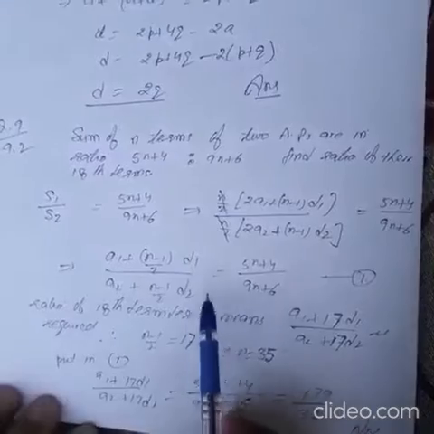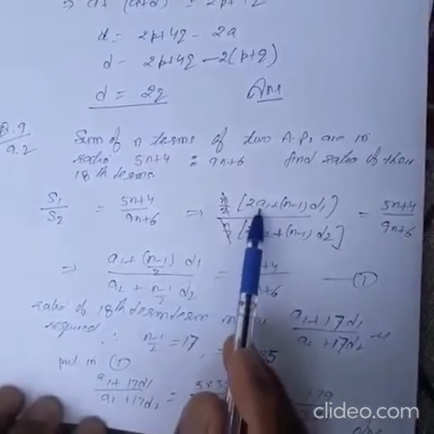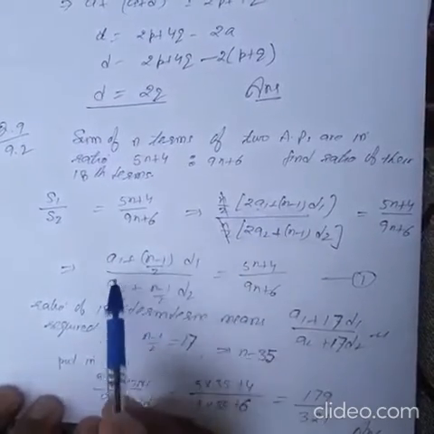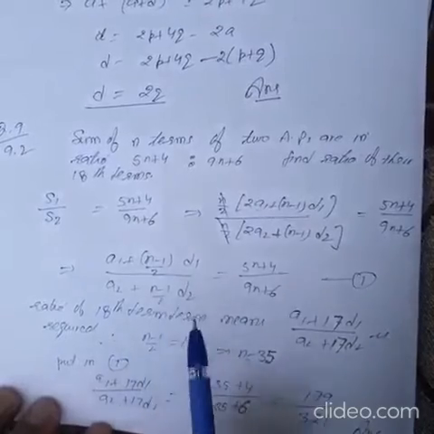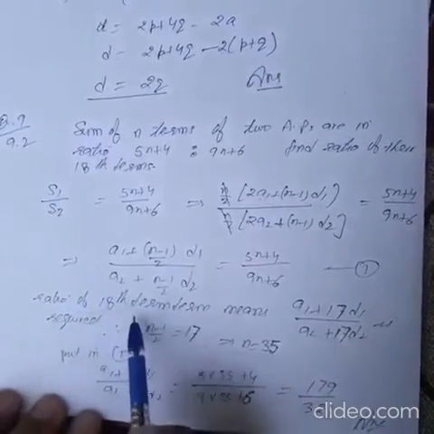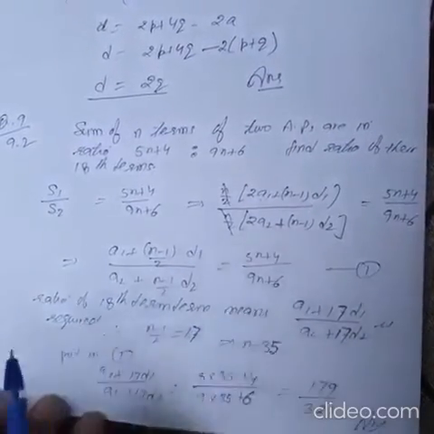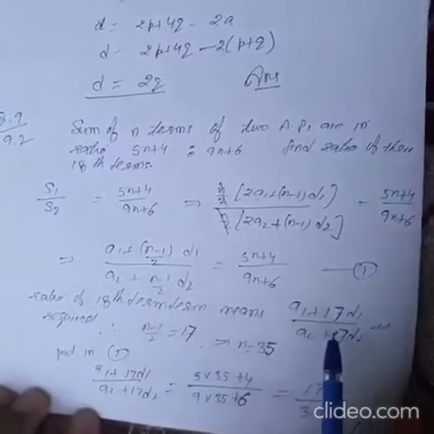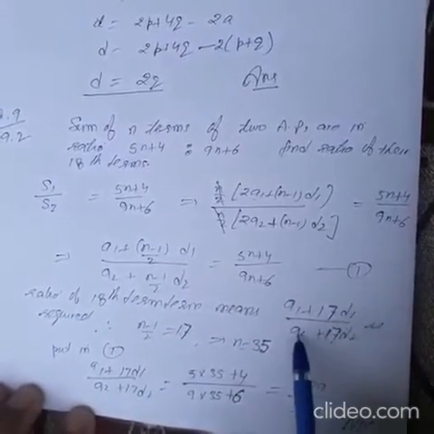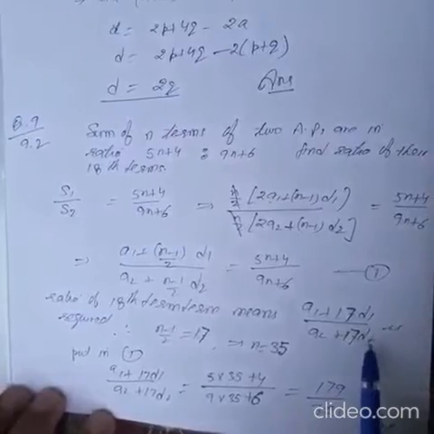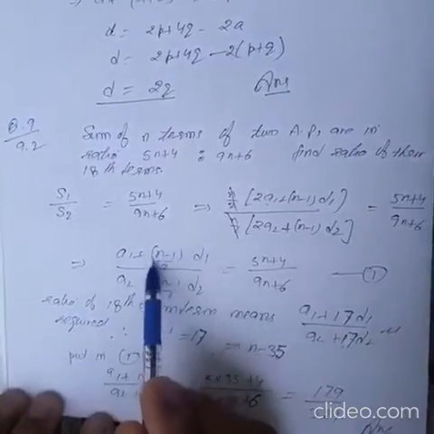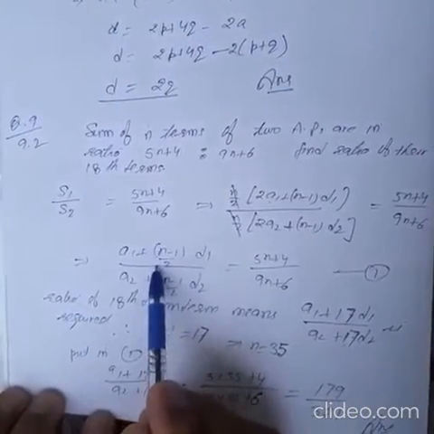Then take 2 common from numerator and denominator. So you will obtain this relation. We want the ratio of the 18th term. It means we want to calculate A1 plus 17 D1 upon A2 plus 17 D2. So it means we will replace this term by 17.